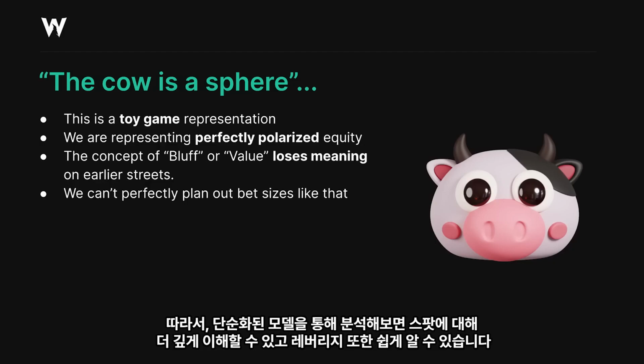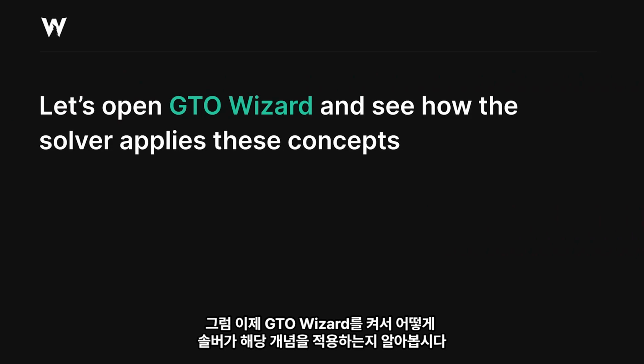And so by using simplified models like this, we can understand spots more deeply and understand this idea of leverage and bluff to value ratios compounding on a better level. So without further ado, let's open GTO Wizard and see how the solver applies these concepts.